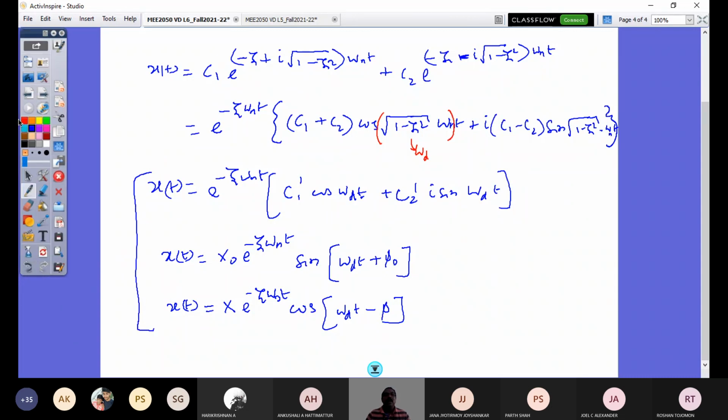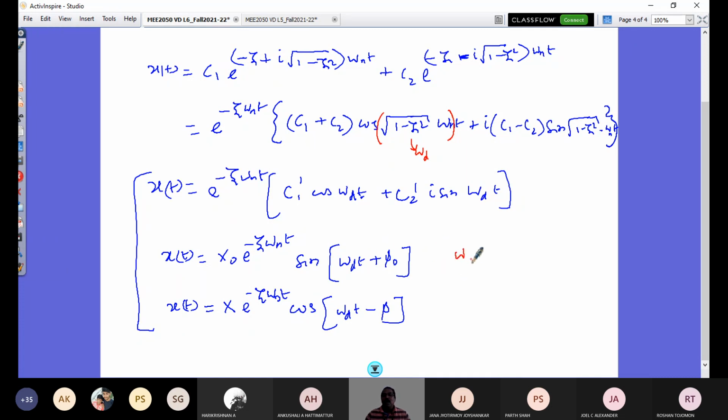And here, make a note of it, and that is the last point of the lecture. Omega d, which we defined as under root of 1 minus zeta square into omega n. So omega d by omega n is under root of 1 minus zeta square.